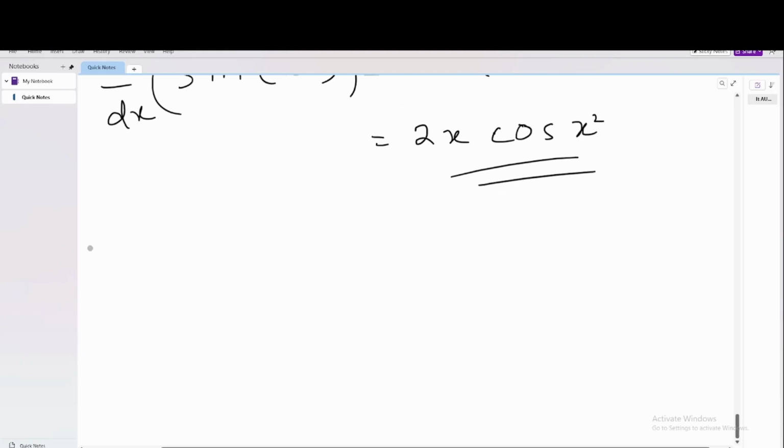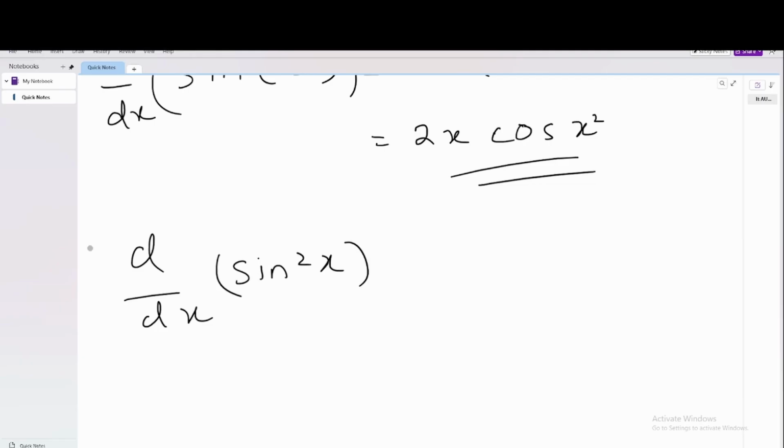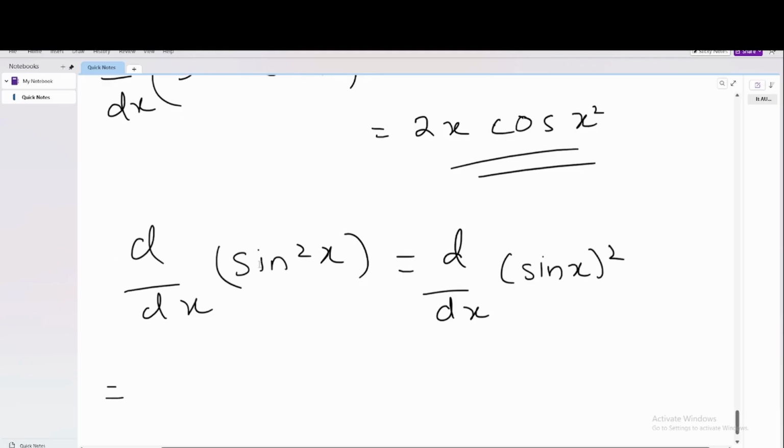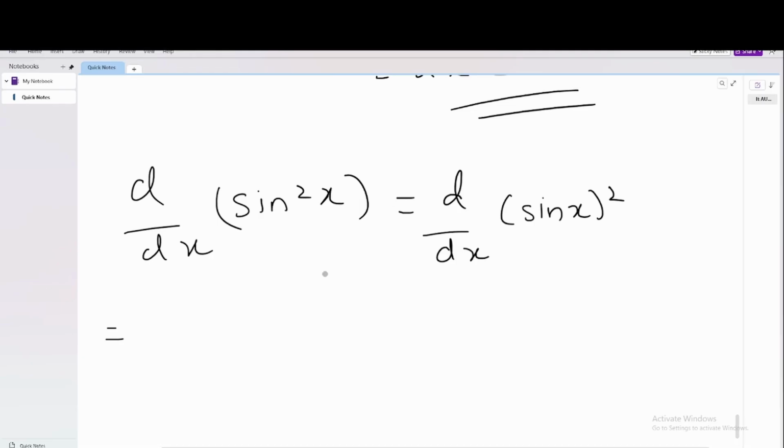Then the derivative of sin square x, we can rewrite as (sin x) whole raised to square. From this we can consider the inner function u as sin x, that is u is equal to sin x.